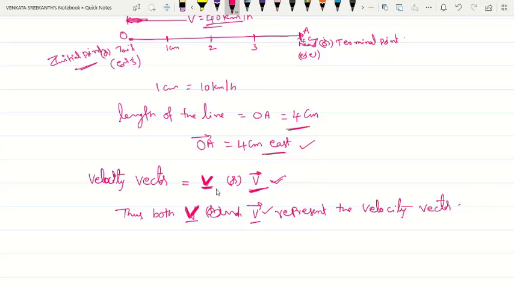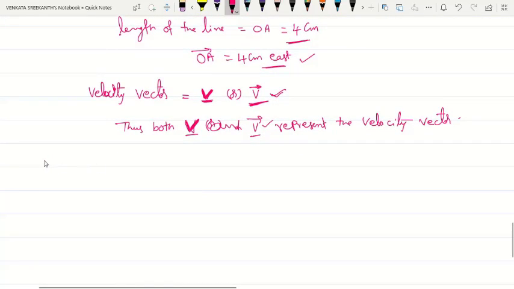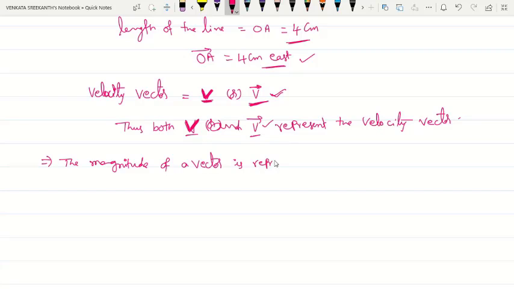One more important point: the magnitude of a vector is often represented by the absolute value.